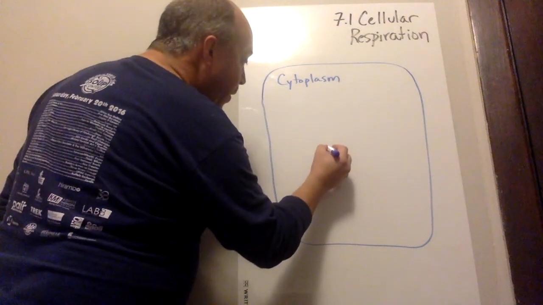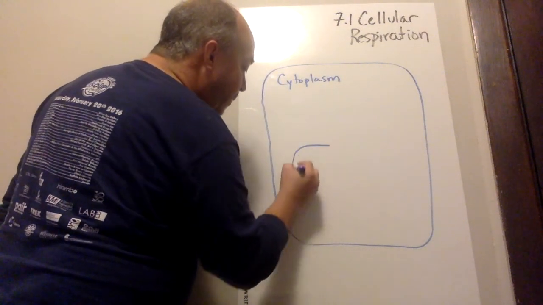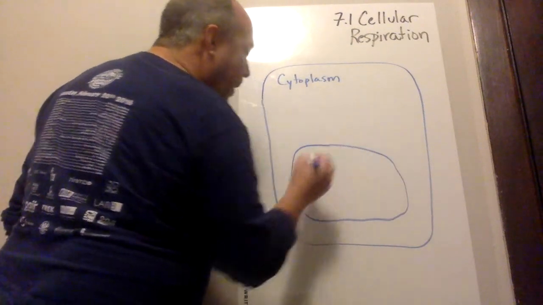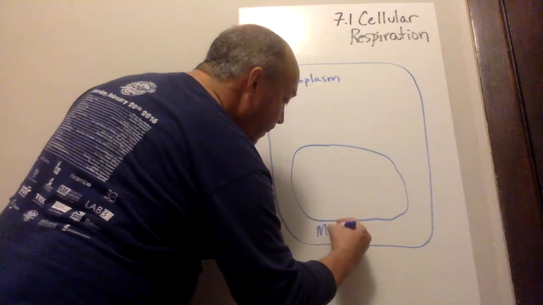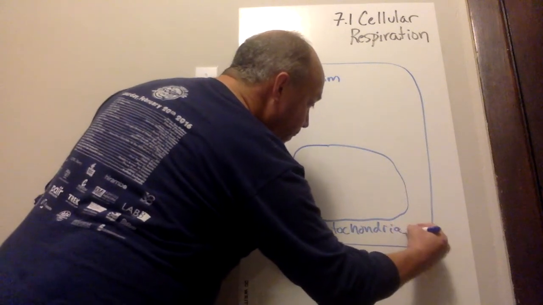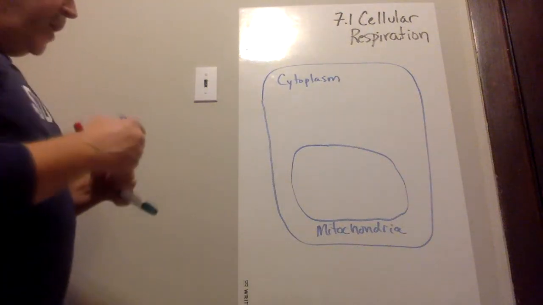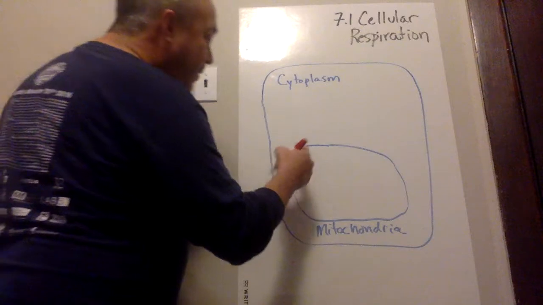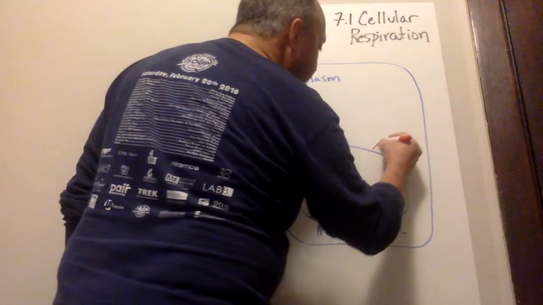And the other important organelle that is involved in cellular respiration, which we learned the first day, that is the mitochondria. The mitochondria is going to have 2 membranes. This is going to be the outer membrane.